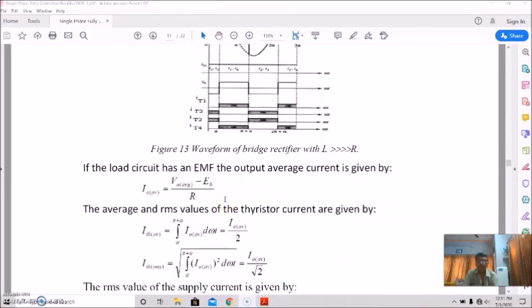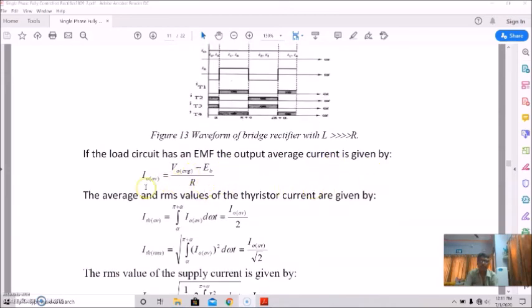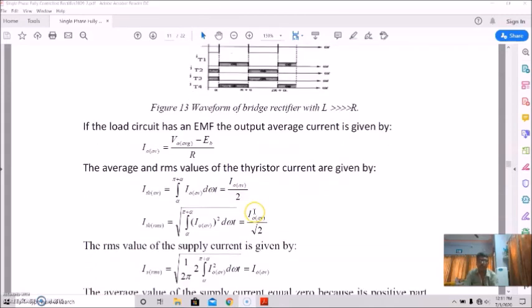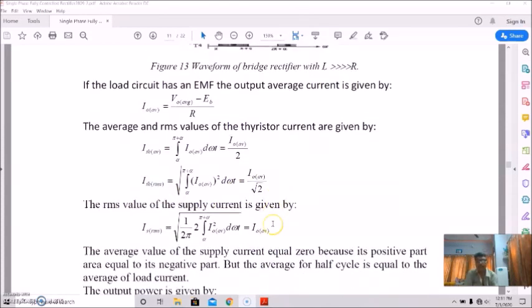Okay, so if the load circuit has an EMF, the output average current is given by like this. The average and RMS values of the thyristor current are given by integration over alpha to pi plus alpha, that is half of the average value of the output current. And similarly, the RMS value will be like this, 1 by root 2 times the average value of the output current.